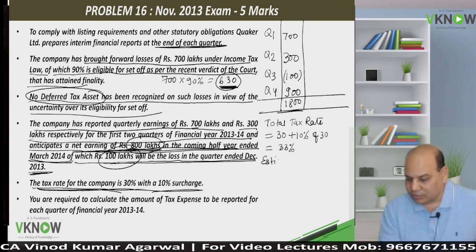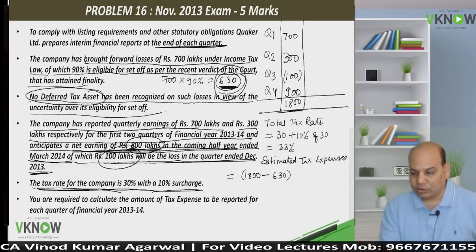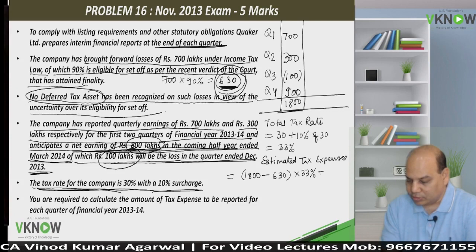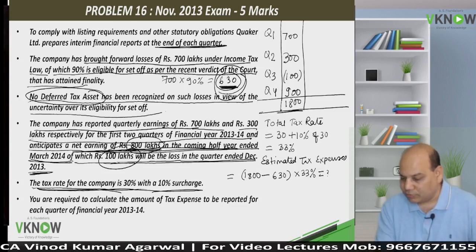My estimated tax expense will be: 1800 is our income, 630 loss will be set off. 630 loss will be allowed to be set off. 1800 minus 630 and your tax rate is 33%. So your estimated tax liability would be 1800 minus 630 into 33%. So that comes to 386.1 lakh.